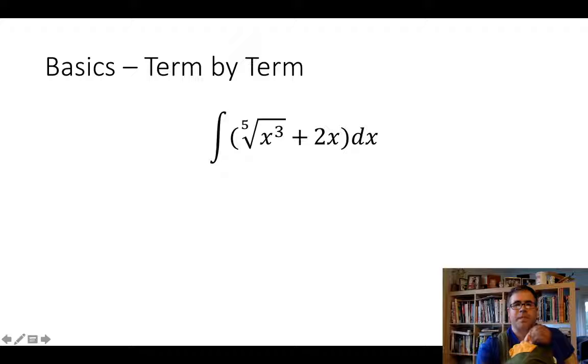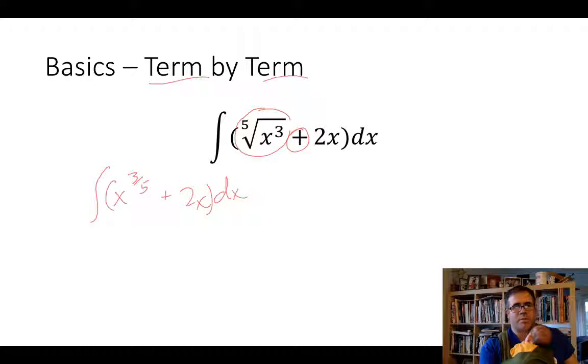That's good. And then, of course, you're going to hear me saying this a lot, integrating term by term. That just means that whenever two terms are separated by a plus or a minus, they don't really interact. So you can take the integral of one without worrying about the integral of the other. So we look at this, and we say, what's the integral of the fifth root of x cubed? The way we're going to do that is we're going to change this to x to the 3/5, and we have 2x dx.